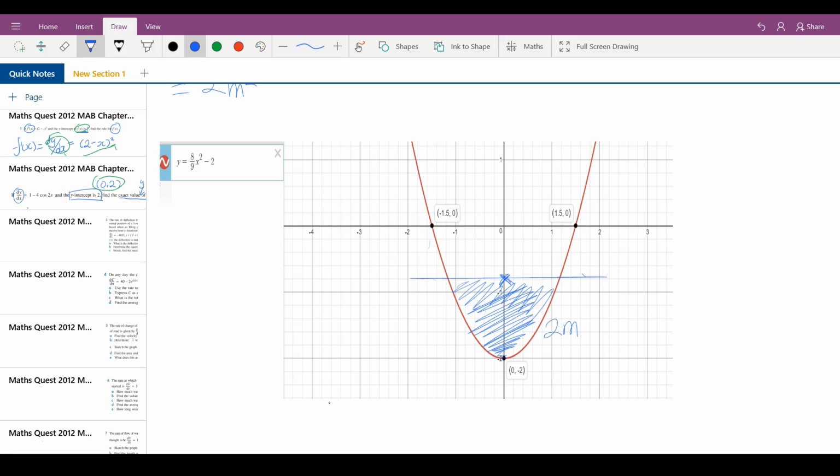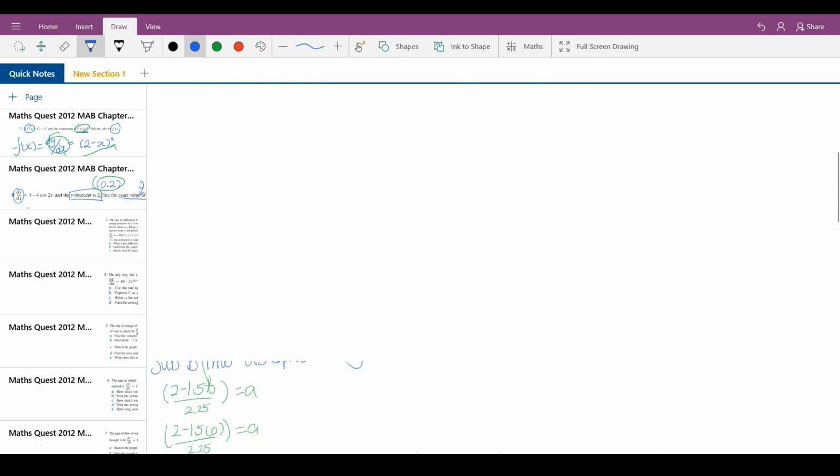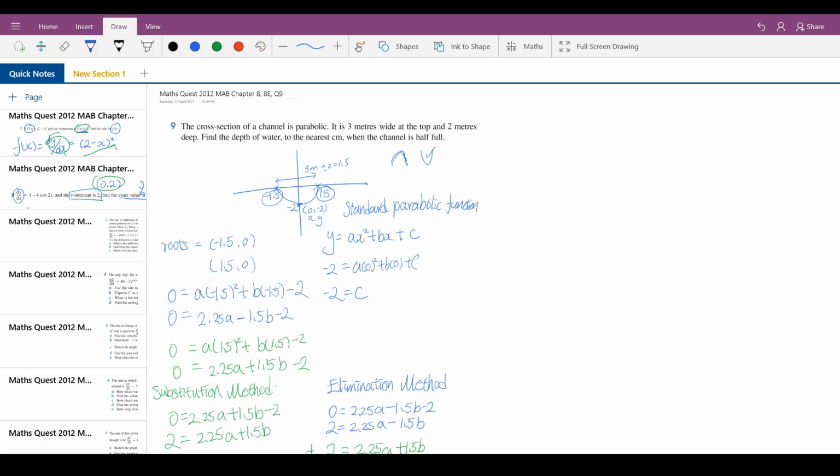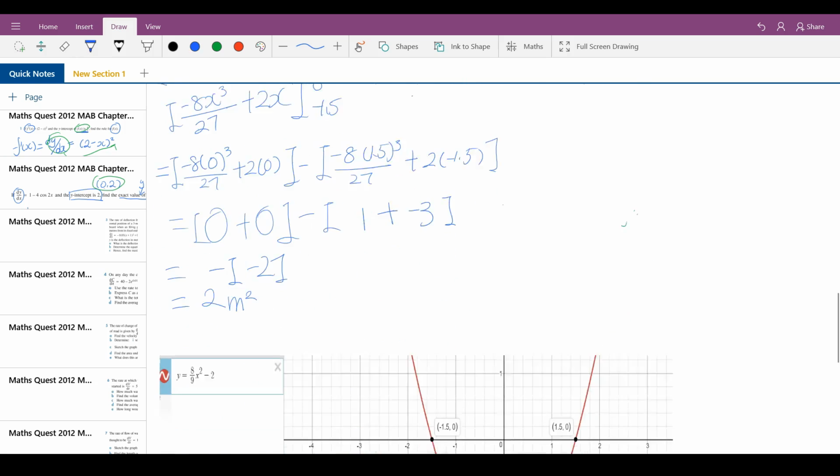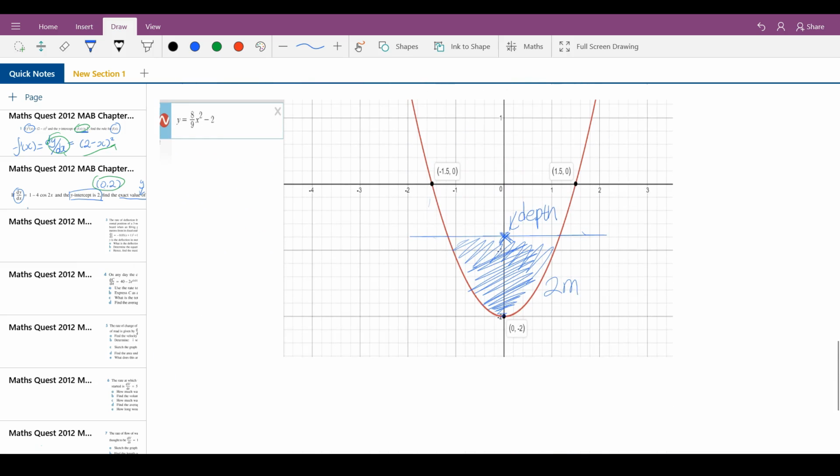Let's just call that the depth. What's the depth? That's what the question asks us: find the depth of water to the nearest centimeter when the channel is half full. We know when it's half full is 2 meters squared.